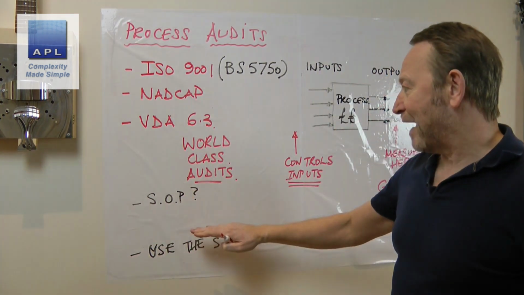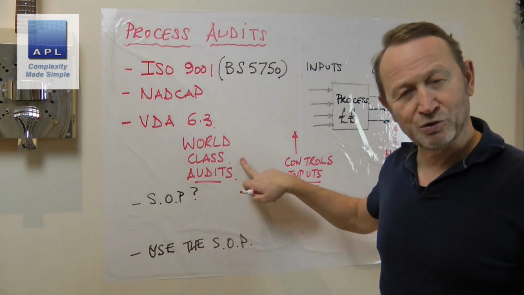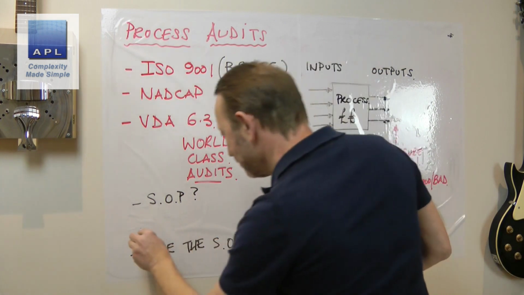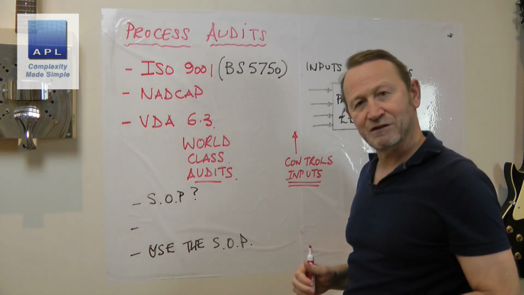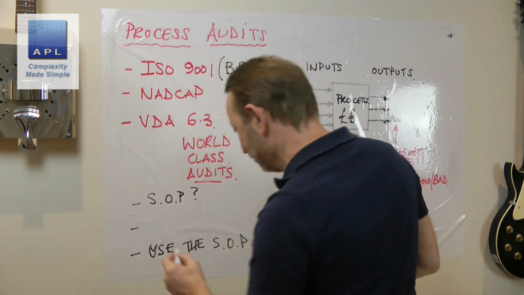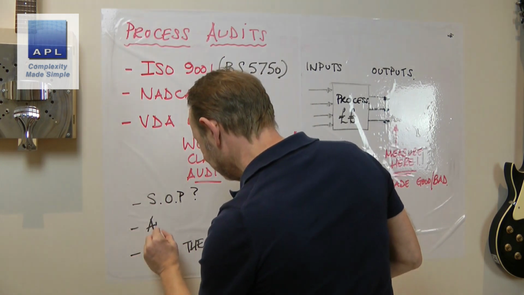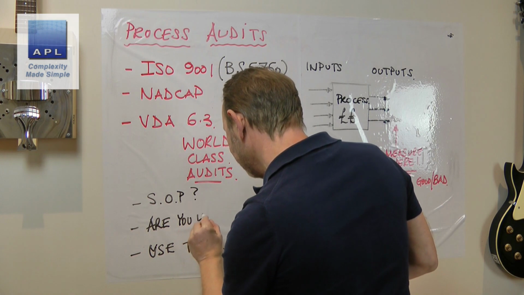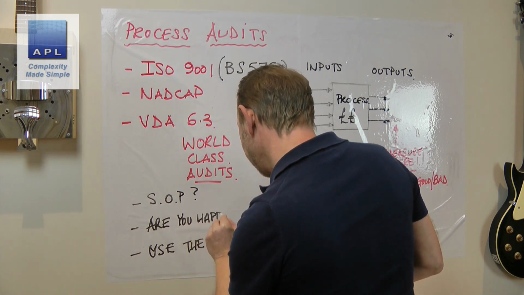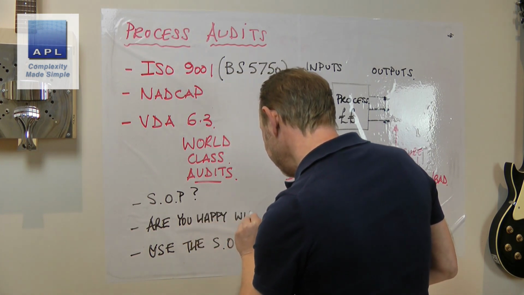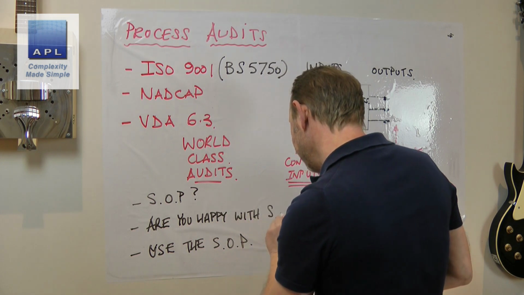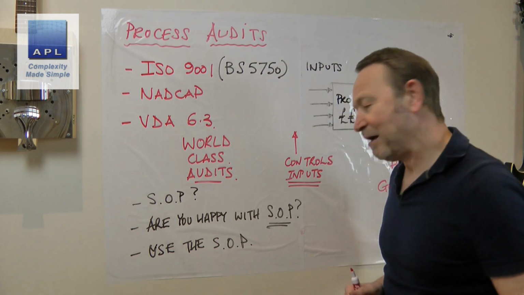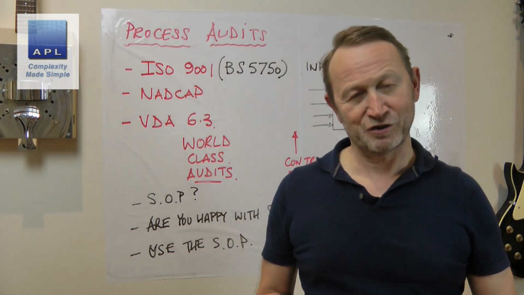But there's a huge gap here, and this is why these audits are not world class, because the piece that's missing is there's a third requirement as far as I'm concerned. Are you happy with the standard operating procedure that you've got?